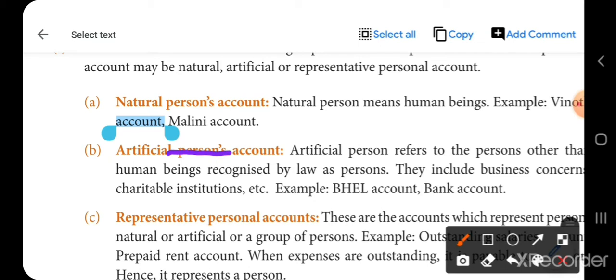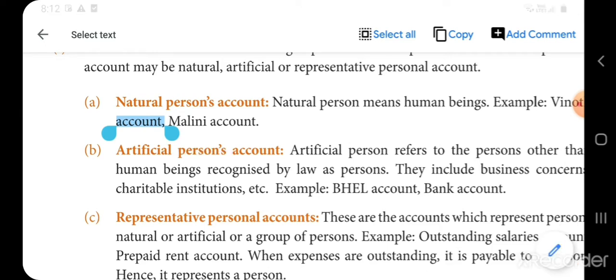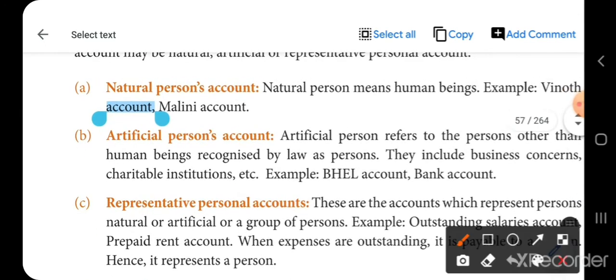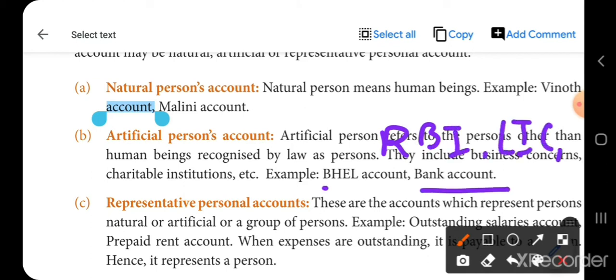If you open an account in the name of an institution, we call it an artificial person. Example, Reserve Bank of India account, RBI account, LIC account, or bank account.